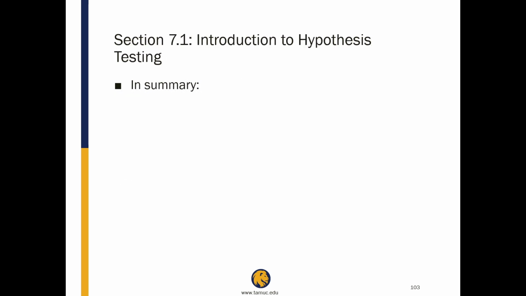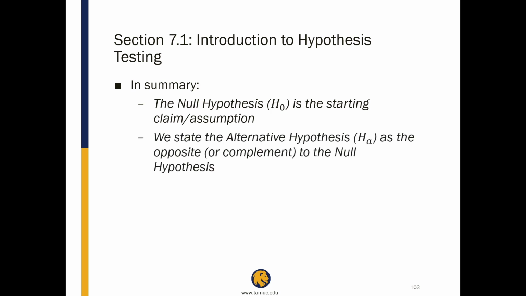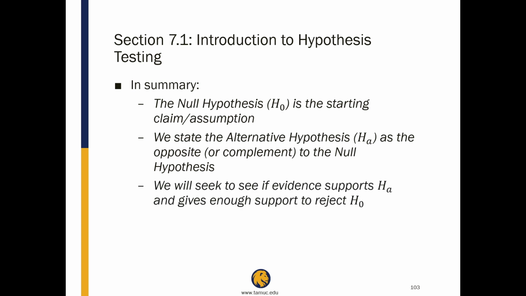So to summarize the last few slides in this section, the null hypothesis is the starting claim or assumption. We state the alternative hypothesis as the opposite or complement to the null hypothesis. And then we're going to seek whether enough evidence supports the alternative hypothesis and gives enough support to reject the null hypothesis.